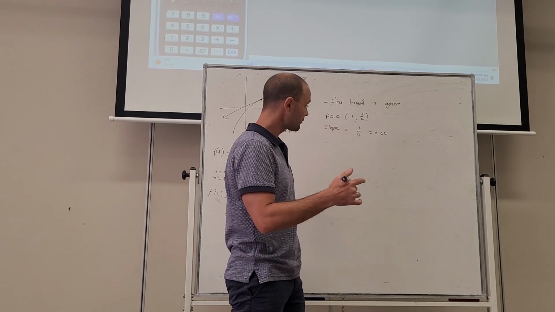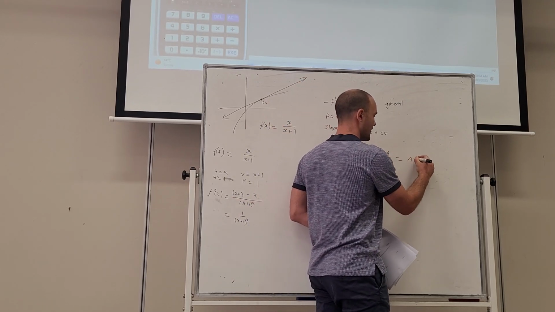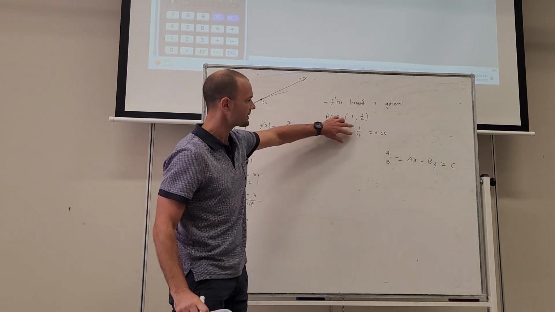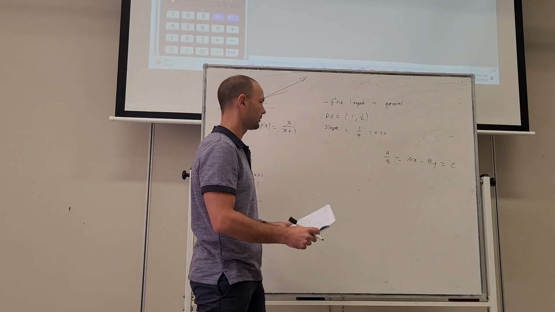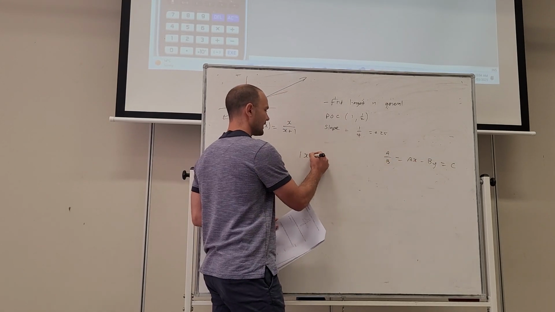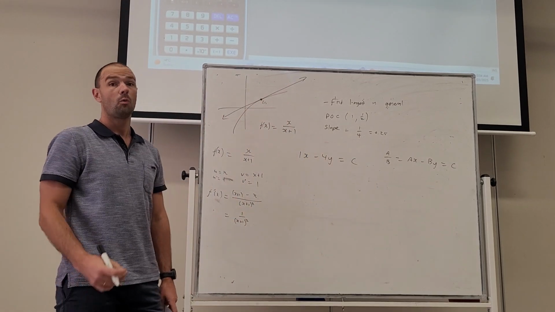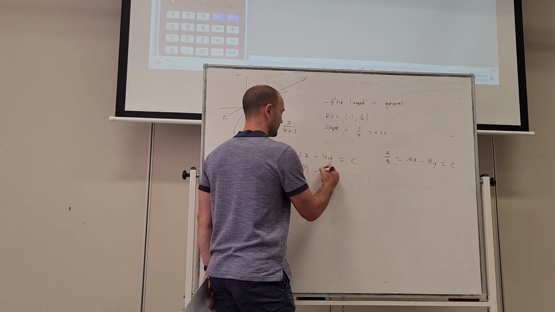Okay, so then for general form, if we have slope a on b, ax take by equals c. In this circumstance, our slope is positive. So this is the circumstance for general form we're going to follow. We have 1 lot of x, take 4 lots of y equals c. We sub in the coordinate, which is 1 times 1, take 4 times half.